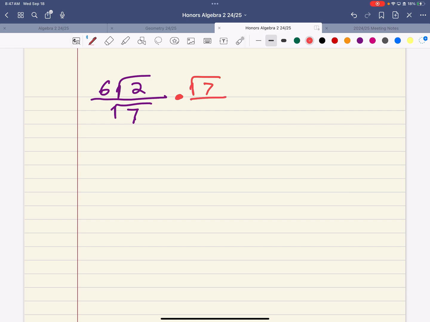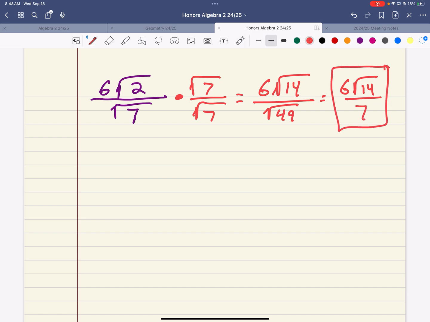Thank you. We multiply the top out: 6 radical 14. Radical 7 times radical 7 is radical 49. So that gives us 6 radical 14 over 7. That's your solution, and you're done. It's got to be that equivalent.